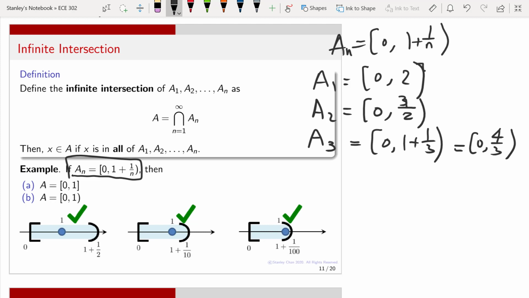Okay, all these are open intervals on the right hand side.